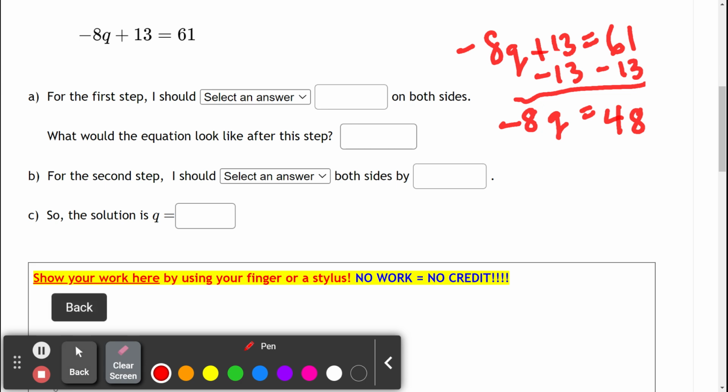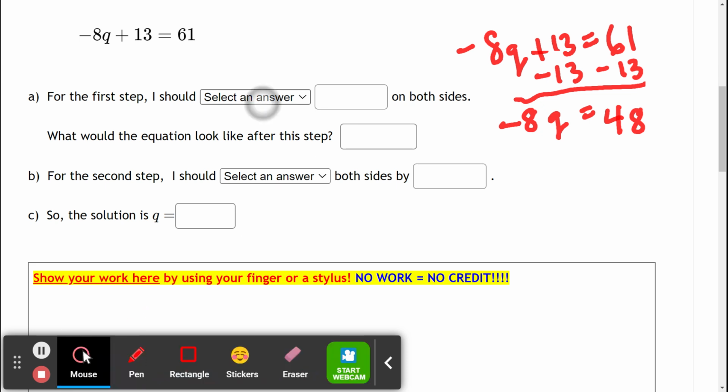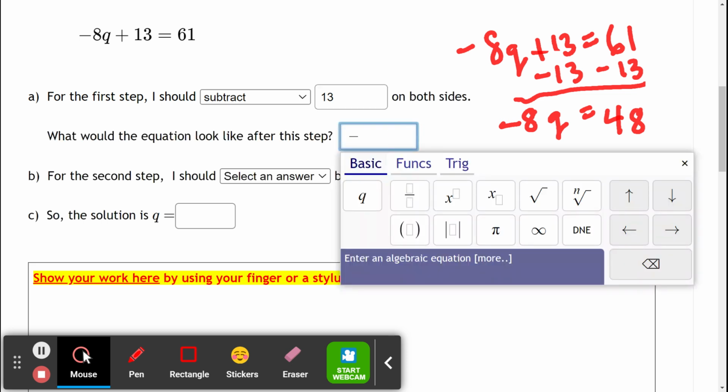I would subtract 13 from both sides, and then what you get from that step is negative 8q equals 48.